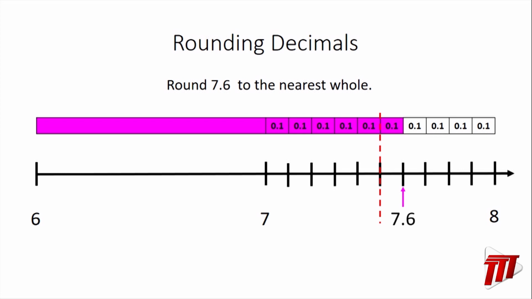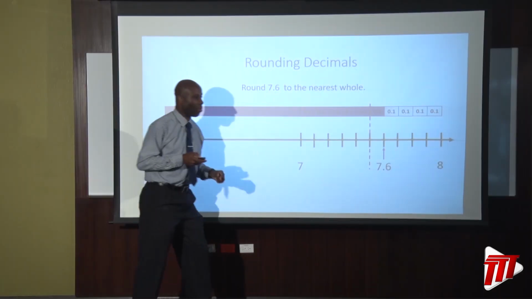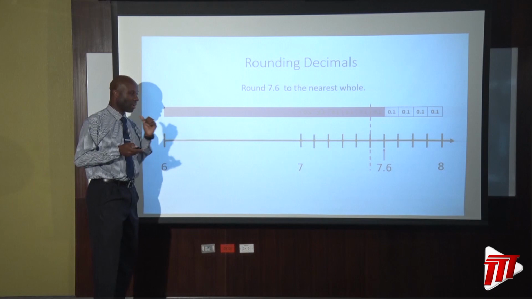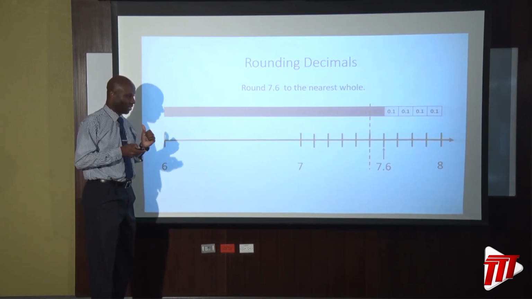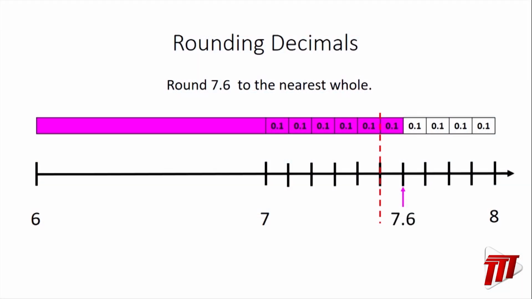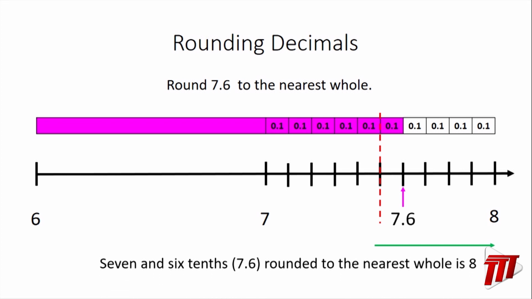If it is to the left of our halfway point, we are going to round down to the nearest whole. In this case, 7 and 6/10 is beyond the halfway point, so we are going to round up towards 8. So 7 and 6/10 rounded to the nearest whole is 8.